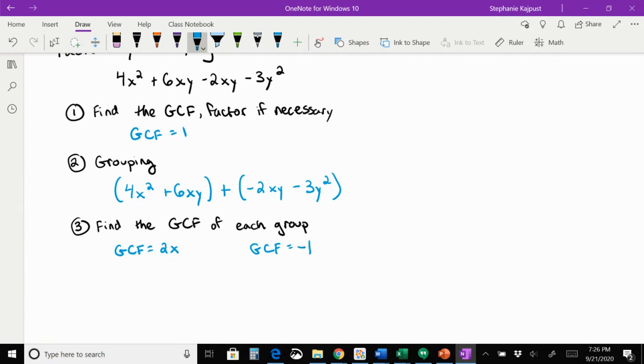So I'm going to use a greatest common factor of -1 instead of just 1. Then I have my first term having x, but there's no x in the second term, so I can't factor out an x. And then I have a y and a y squared. So the y doesn't have an exponent, so that's what's going to go into my GCF.